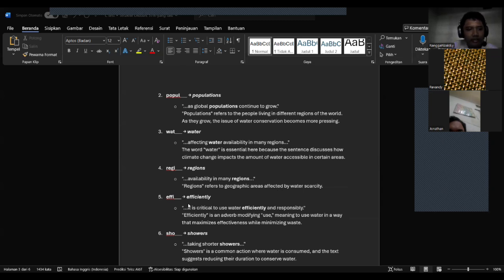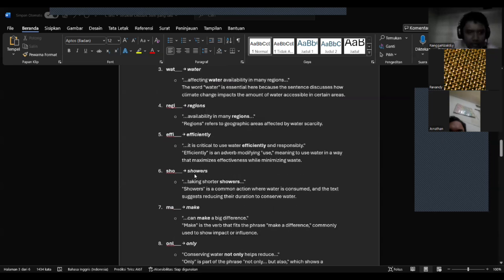Okay, number five is from efficiently. It is critical to use water efficiently and responsibly. Efficiently is an adverb modifying use, meaning to use water in a way that maximizes effectiveness while minimizing waste. Six is showers. Taking shorter showers.